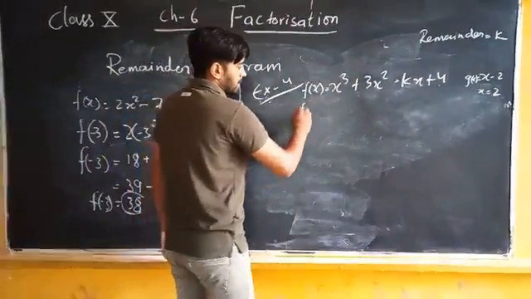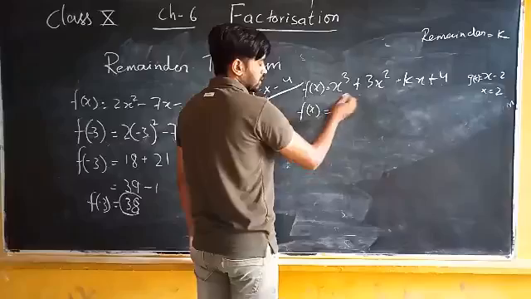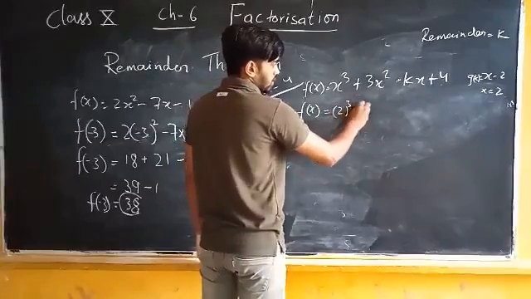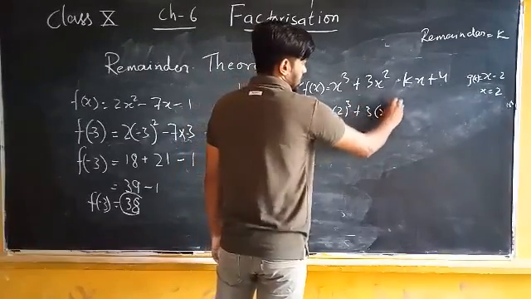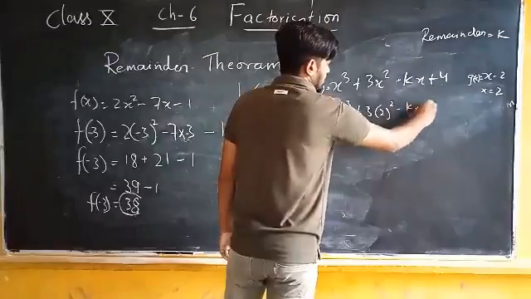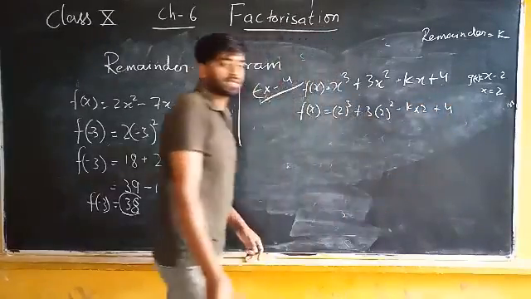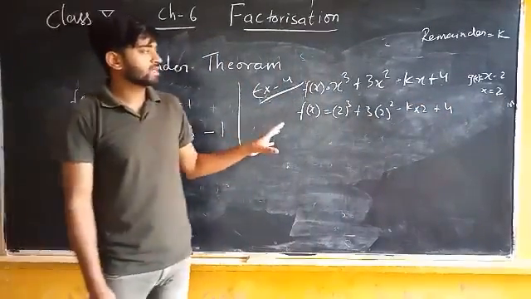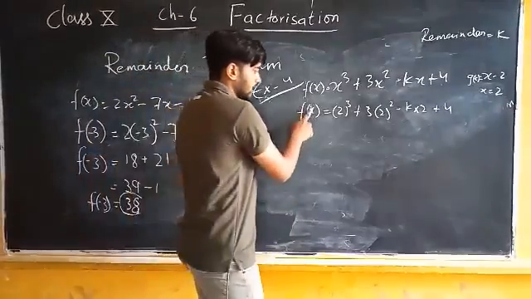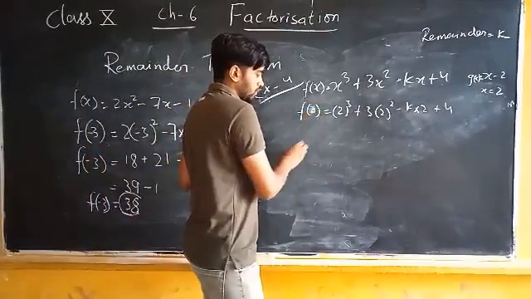So when I'm keeping x equals to 2, then 2 cube plus 3 times 2 square minus k into 2 plus 4. Isn't it? I just kept 2 in place of x.